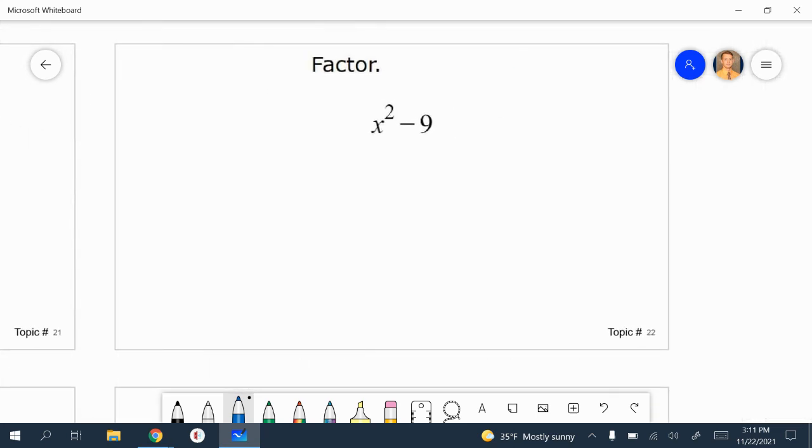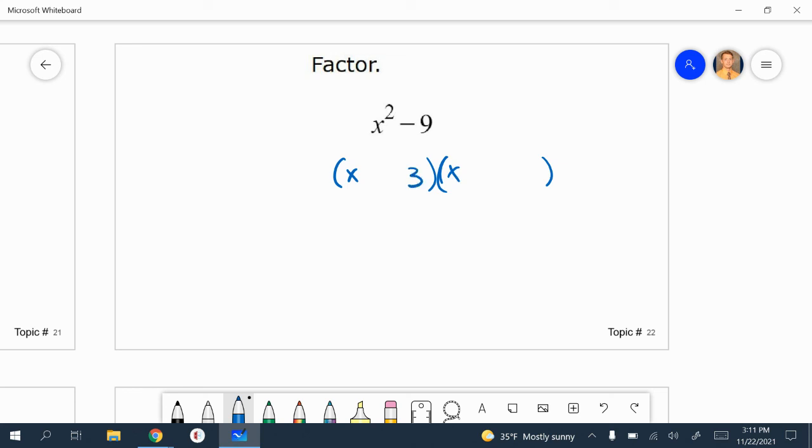Topic number 22. I noticed that this is a difference of squares, which is a special name that we give it, which means basically my b terms canceled out, which means when we get to our steps like this, we know we'll have x and x.